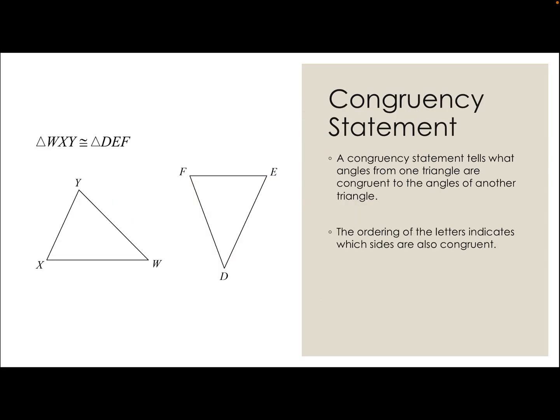So let's see a congruency statement. It tells us the angles that are congruent and the segments, or the sides, that are also congruent. So the order matters. Looking at this congruency statement, we should know that angle W is congruent to angle D. We know that angle X is congruent to angle E, and we know that angle Y is congruent to angle F. So let's mark that.